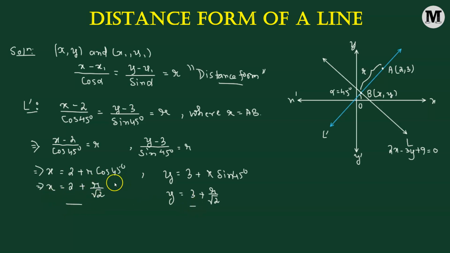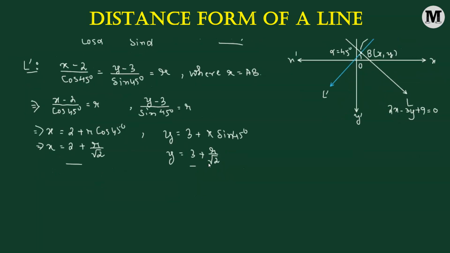Here the parameter is r, the distance between the 2 points A and B. So the coordinates of the point B, which we initially considered to be (x, y), can also be expressed in the parametric form as (2 plus r over square root of 2, 3 plus r over square root of 2).